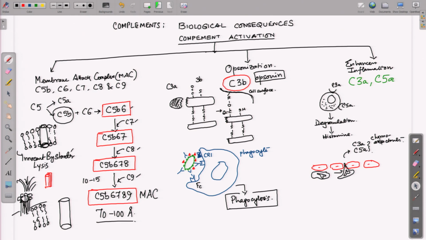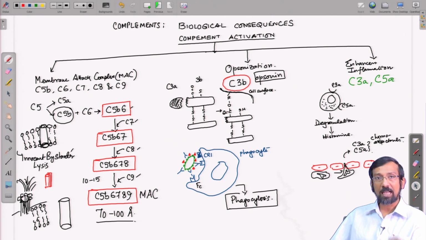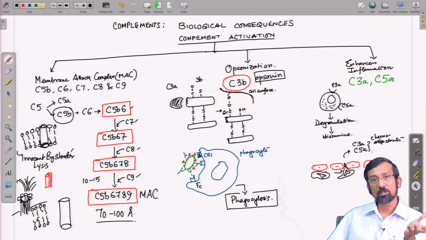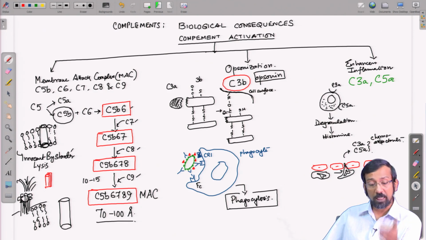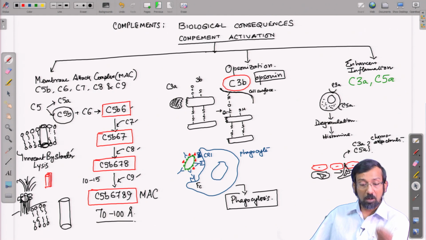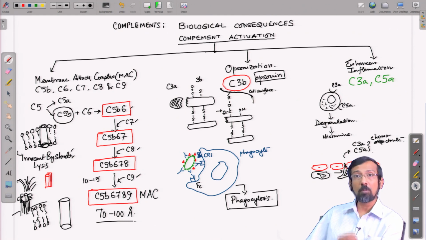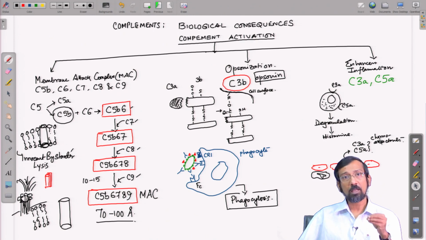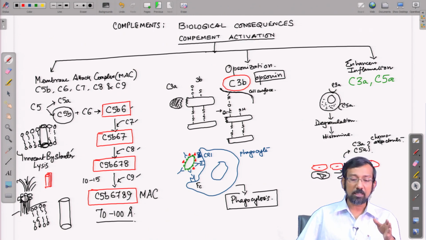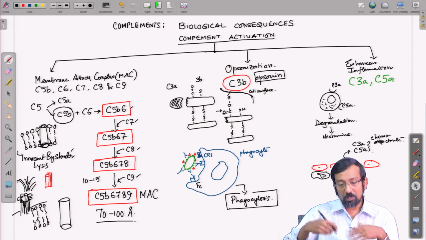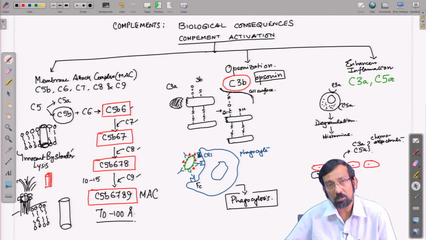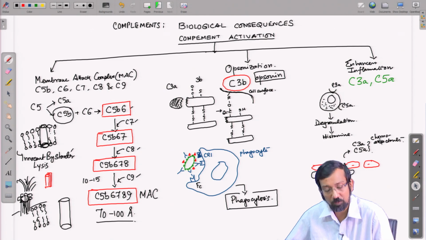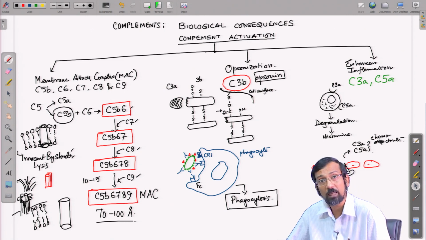So, what we learned in this lecture today is how the complement system mediates its action. What we learned in our last lecture is how the complement system gets activated, what the major activation pathways are, and how they cleave each other and get activated. And what we learned today is how, after activation, cleavage of these proteins can lead to the biological consequences of activation of the complement pathway, and they can kill or destroy the target cells.